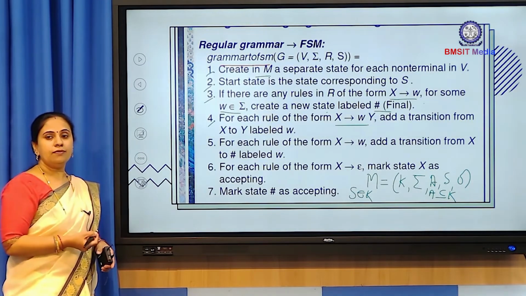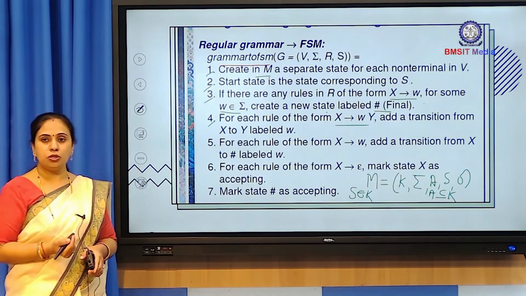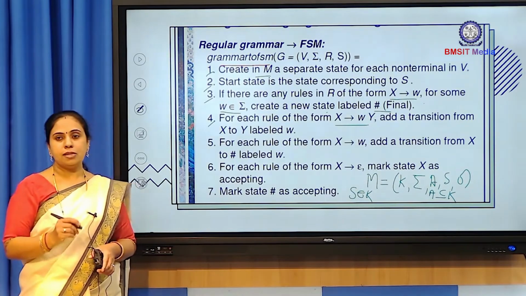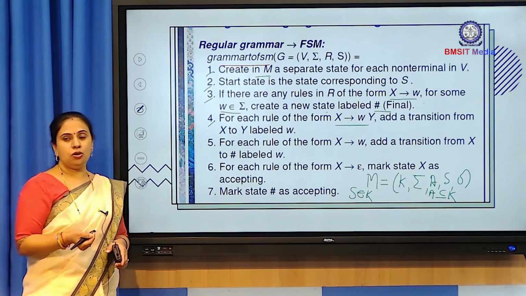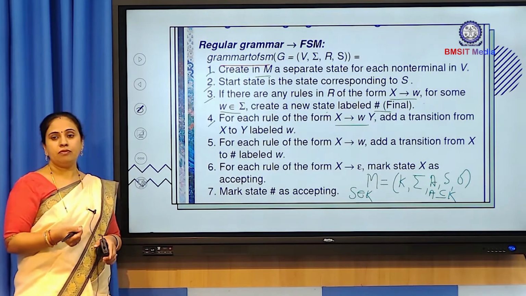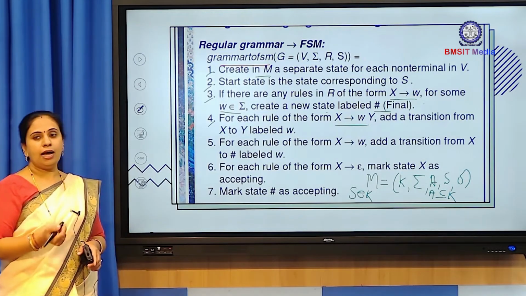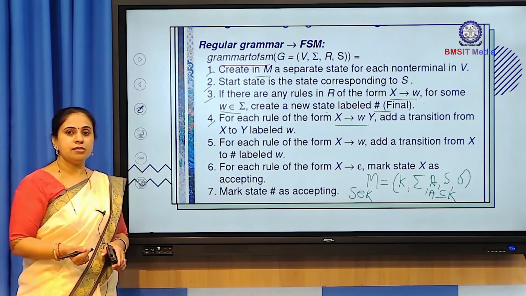Whenever we have such productions in the regular grammar, the equivalent step in the finite state machine is adding a corresponding transition.